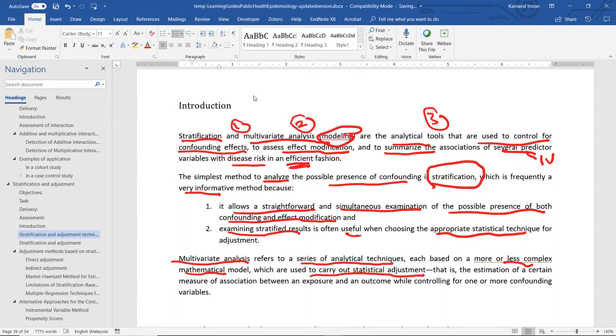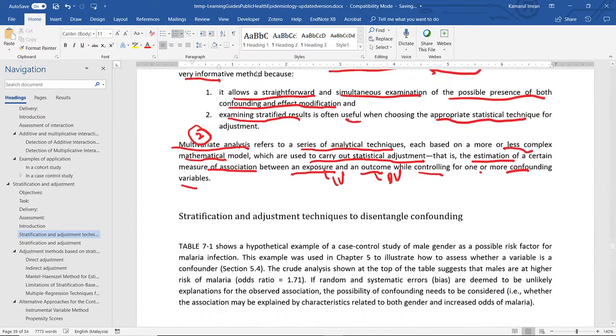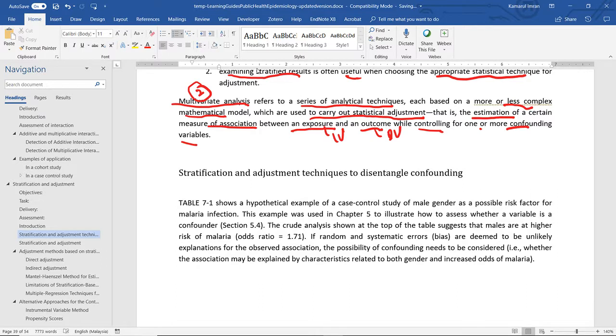What we are interested in is estimating the association between an exposure or independent variable and an outcome or dependent variable while controlling for one or more confounding variables. So this is stratification and this is multivariate analysis. Both stratification and adjustment can disentangle confounding.